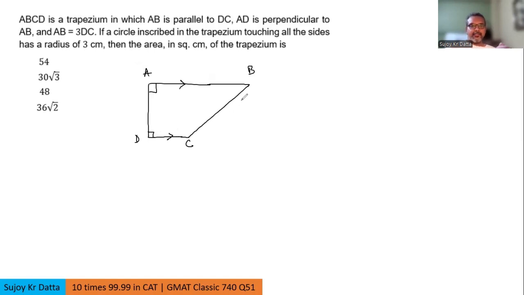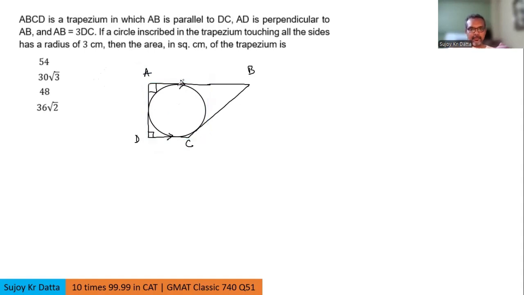Now a circle is drawn inside it so that it touches all the sides. So the circle is drawn like this, and the circle touches all the sides of the trapezium.